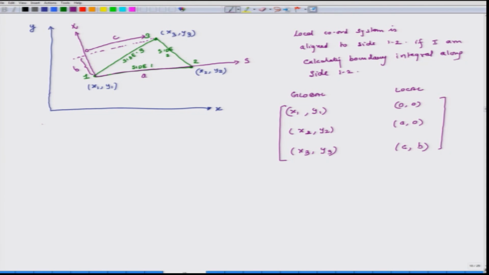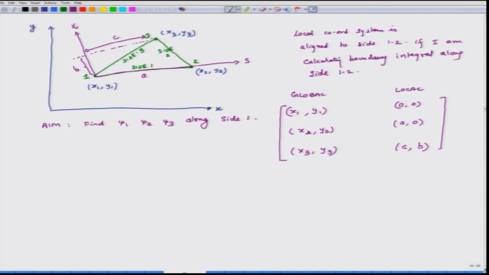Now what is our aim? Our aim is to find psi 1, psi 2, psi 3 along side 1. Okay.